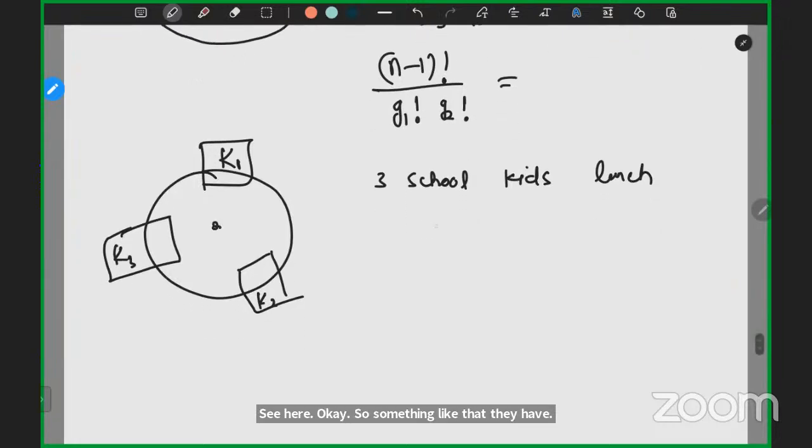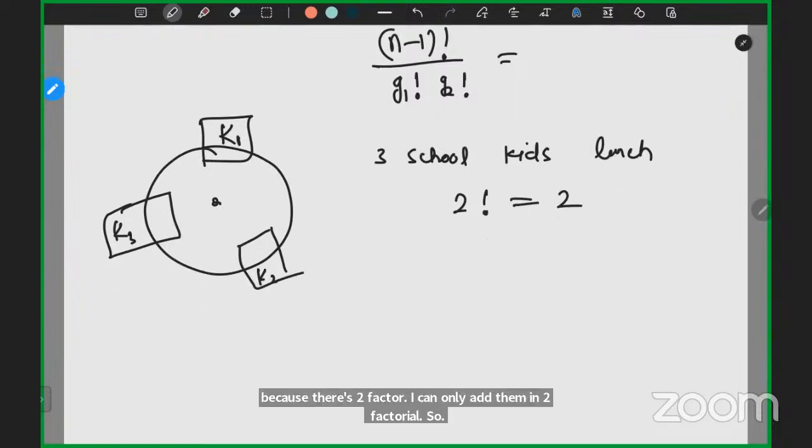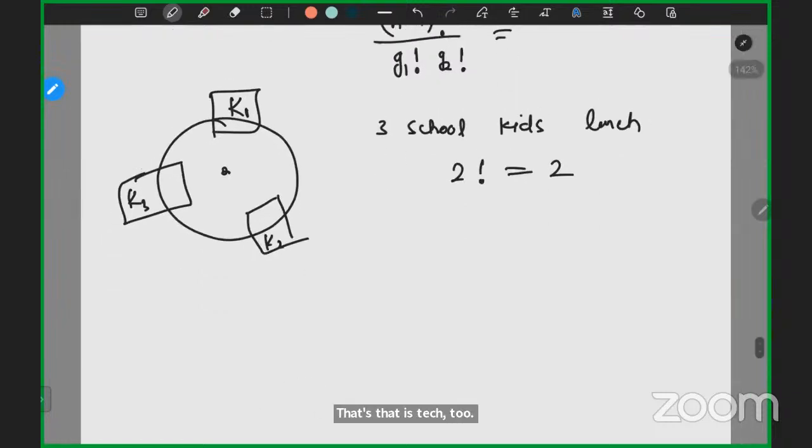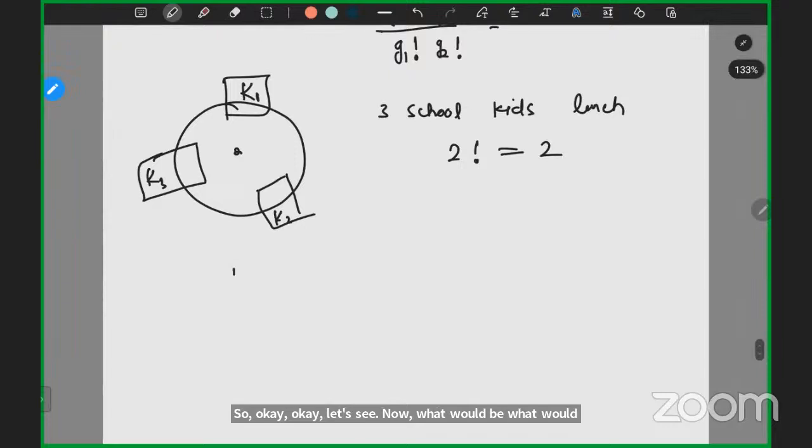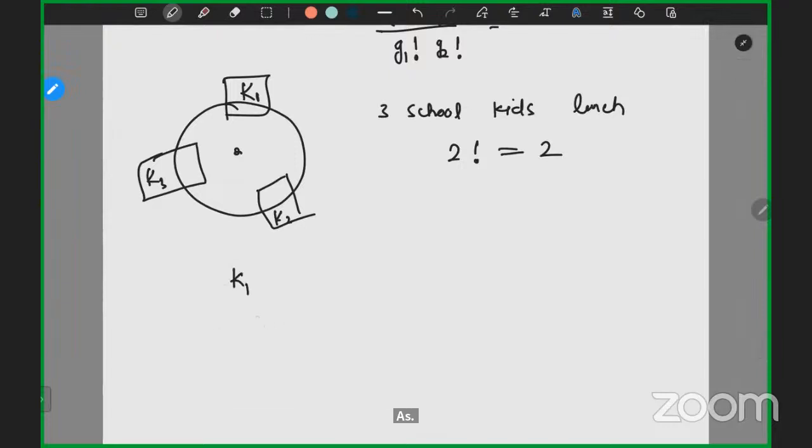How many ways can I do it? 3 minus 1 factorial, which is 2 factorial. I can only arrange them in 2 factorial ways. Now what would be another arrangement? I can make K1 sit here, K3 here and K2 here.